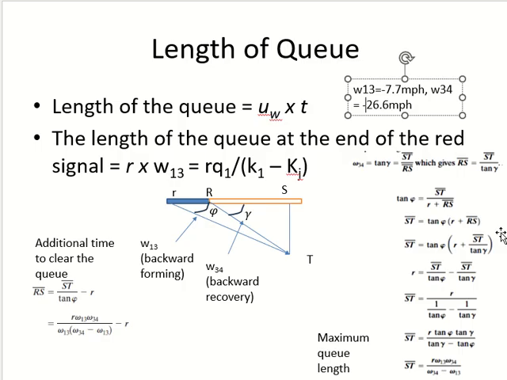Multiply it with 3,600. Why is it with the minus? Because the speeds are minus. Yes, minus 26.6 into minus.